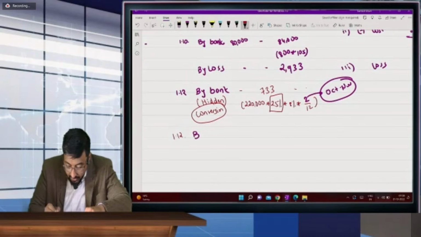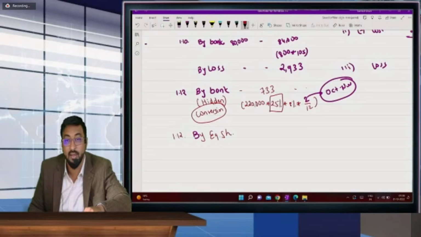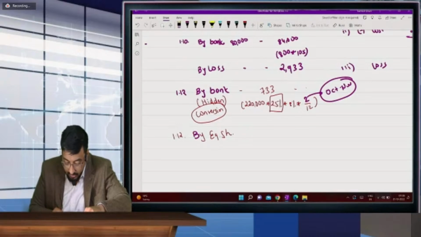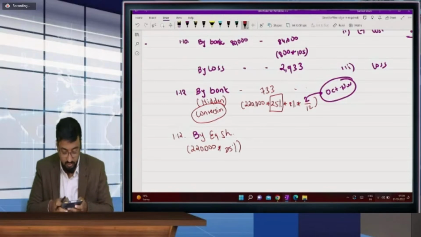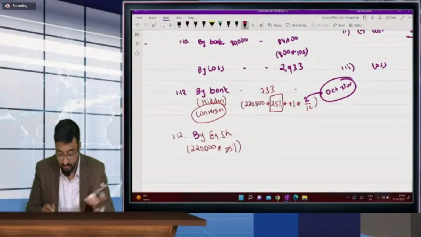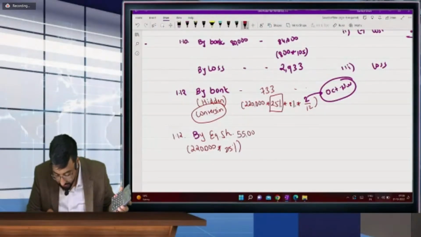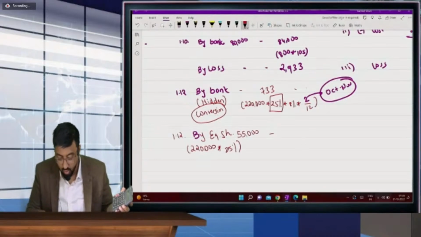And now red pen, by equity shares. How many equity shares, beta? So 2,20,000 into 25%. So 55,000 we are getting converted. And what is the cost for us?